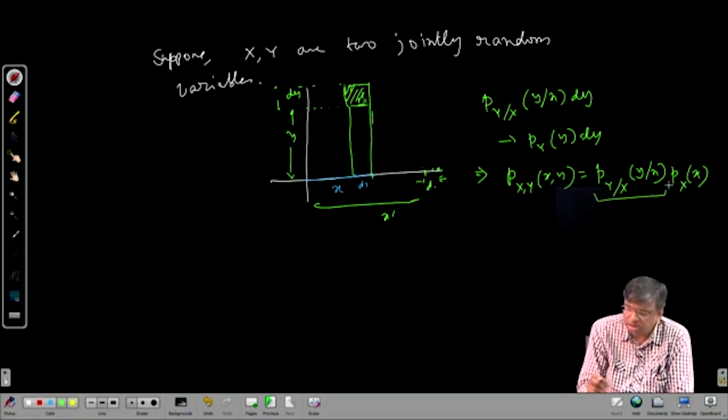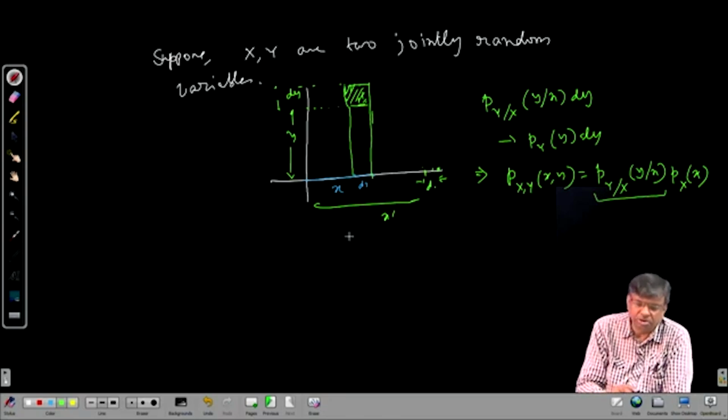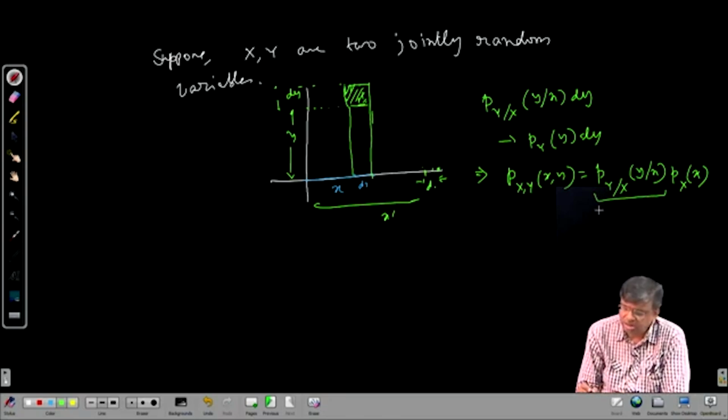As you have seen, under the above assumption that there is no dependence of capital Y on x and vice versa, this will be simply P y times P x x.